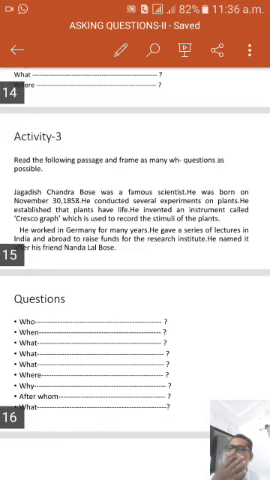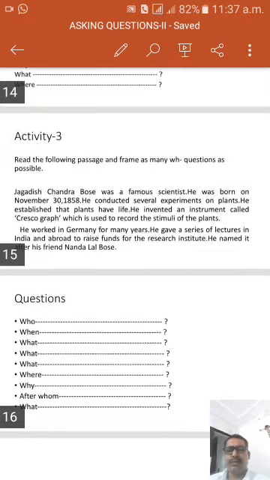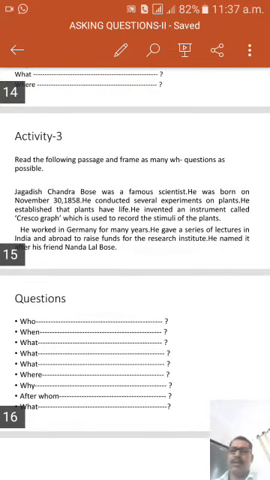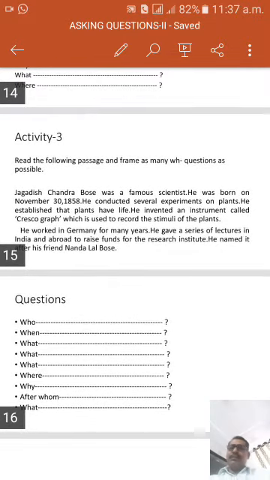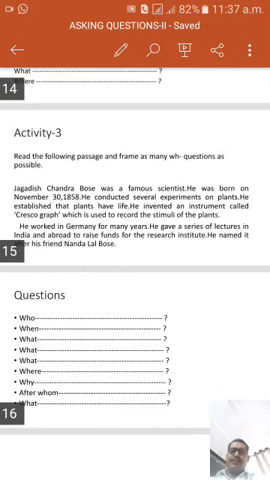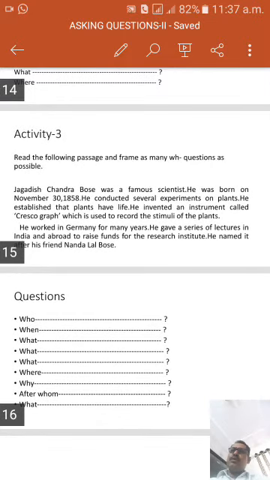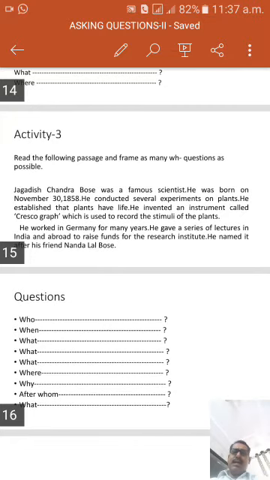You can frame some questions starting with who, when, what, where, why, how, after whom, like that. Who was Jagadish Chandra Bose? When was Jagadish Chandra Bose born? What did he establish?